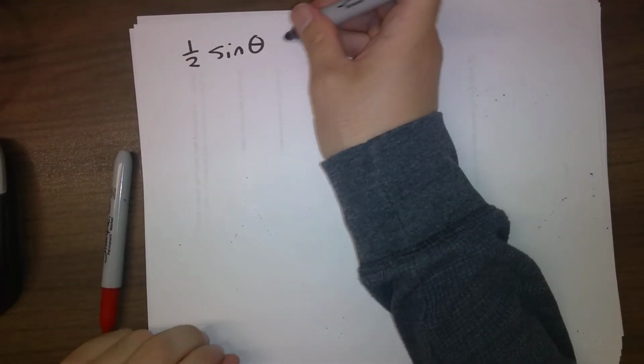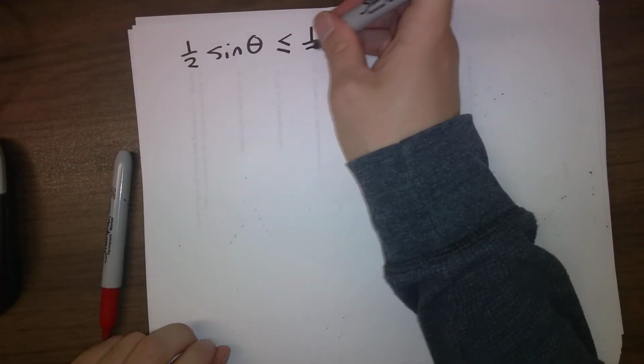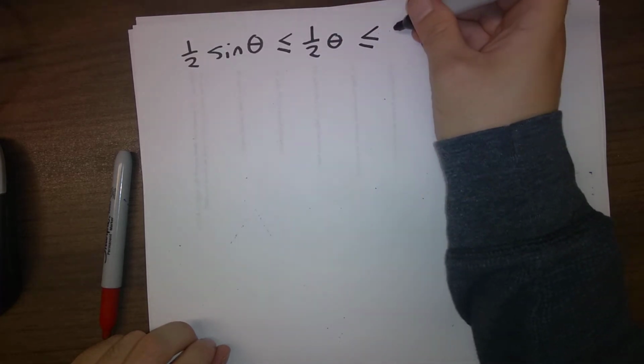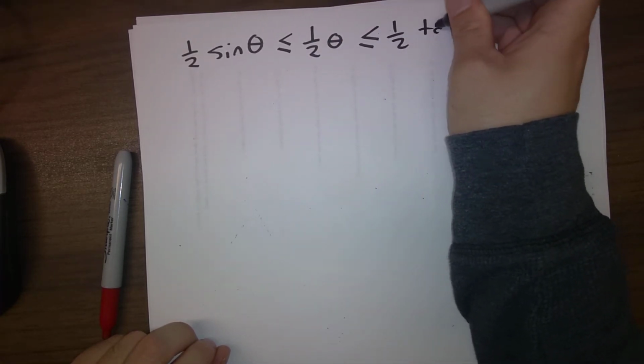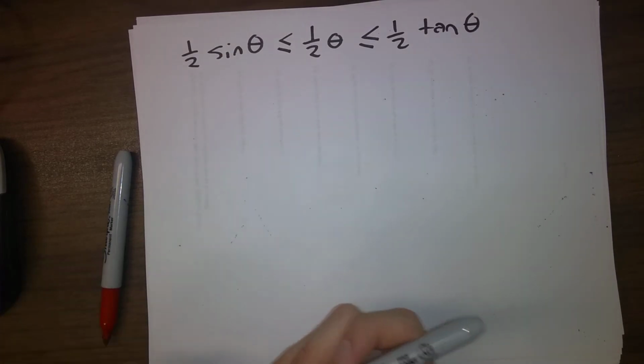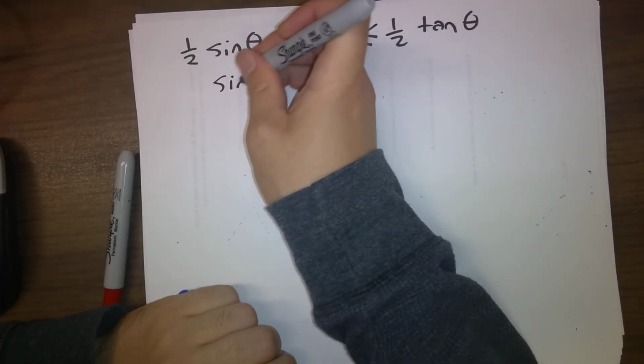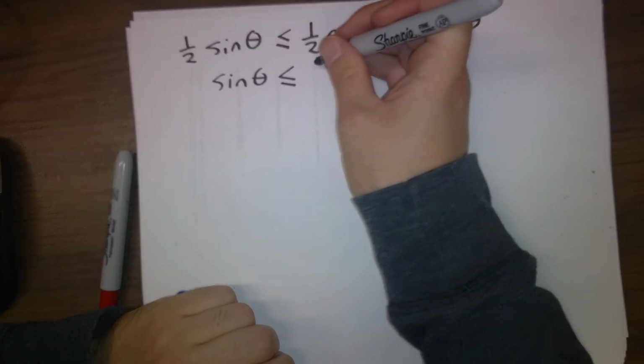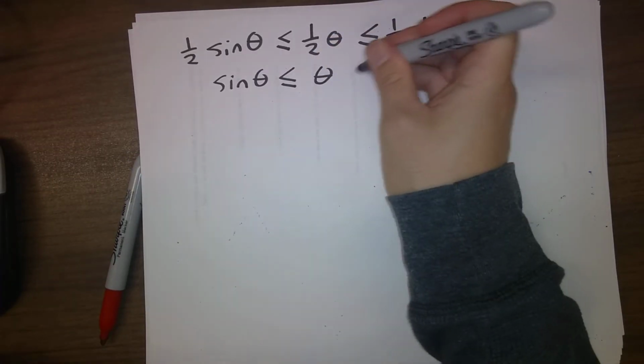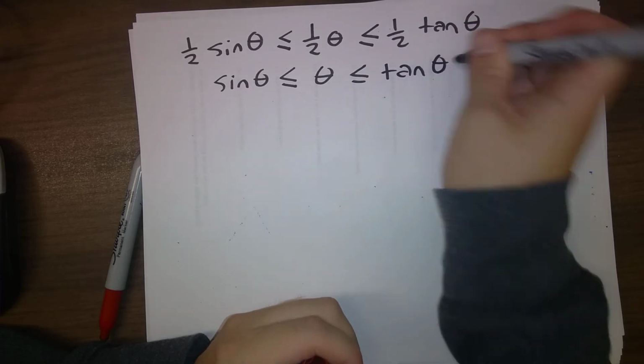So to summarize what we have: 1/2 times sine theta is less than or equal to 1/2 theta is less than or equal to 1/2 tangent theta. If we clear out the 1/2 every place, we could just say sine theta is less than or equal to theta is less than or equal to tangent theta.